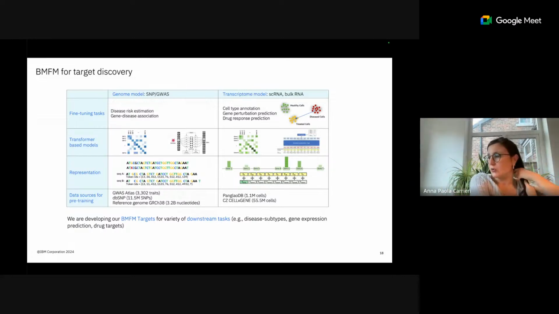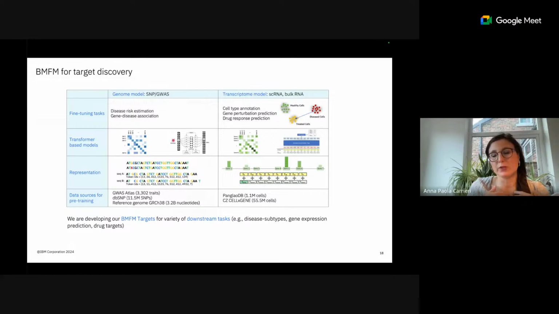But I wanted to emphasize that we are developing, and part of it is open source, the single cell RNA model is open source, but what we are focusing our effort on at the moment is two transformer architectures, so two foundation models, one for genomics and one for transcriptomics, where for transcriptomics we've got both single cell RNA and bulk RNA data.